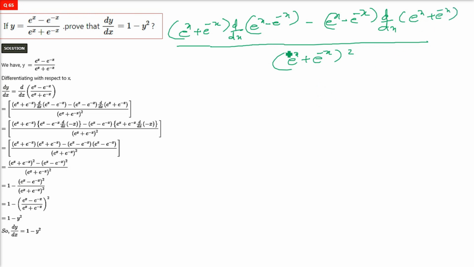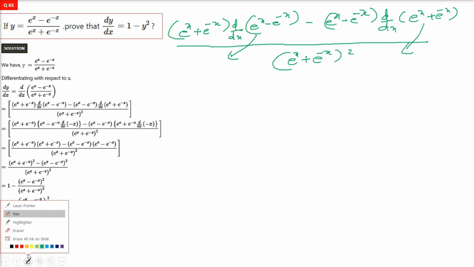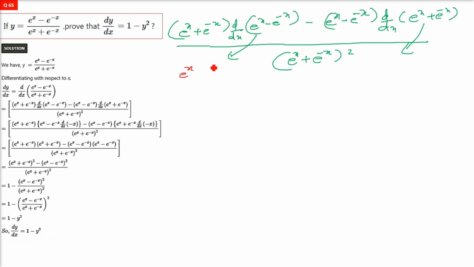Now let us do the differentiation first. In the denominator, this is already there, and we will just reformulate it, and you will see that this becomes so easy after differentiation. So I am differentiating these two, which the arrows are indicating. So e to the power x, e to the power minus x is e to the power minus x only, but differentiation of minus x will be minus 1. So a negative will come outside.